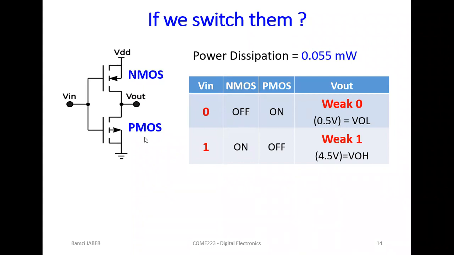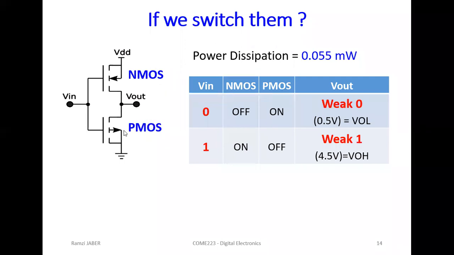And the inverse: for input high, NMOSFET will be on, PMOSFET will be off. So now the output will be directly connected to the VDD, but limited by the internal diode that is in reverse direction of the output, which is always 0.5. Here we have VDD minus 0.5 volt equal 4.5 volt. This is weak 1, the output high.